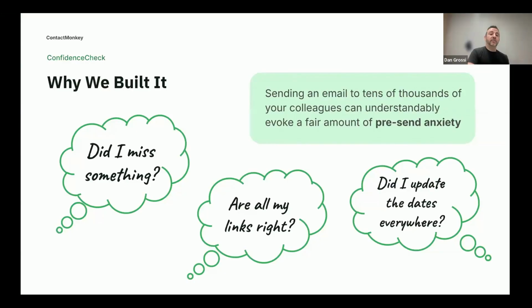And first things first, why did we build this feature? Well, this was born out of many conversations that we had with many of you, our users. The recounting of sending an email with an out-of-date or mismatched subject line, or including an incorrect location or link somewhere in your email.